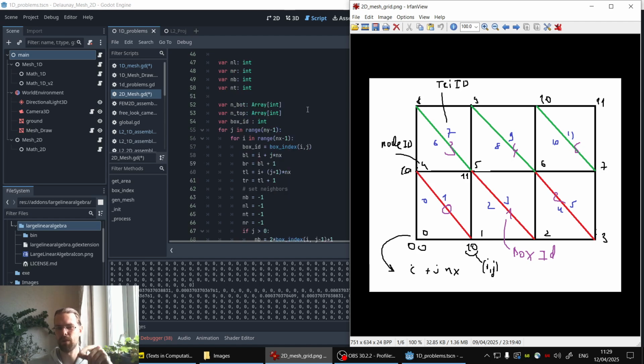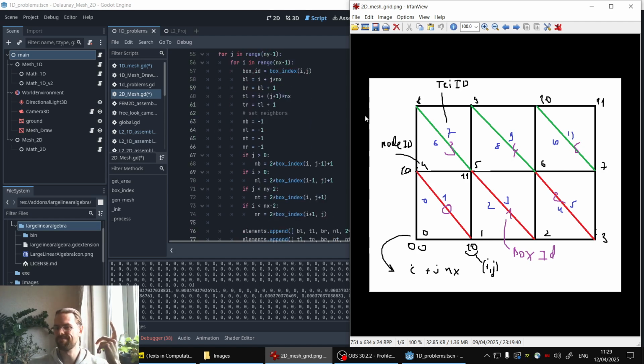Now, if we want to recover neighbors, which we don't use, it gets a bit more complicated, but again, you can have some insights by considering that these are individual boxes in which we have 2 elements, and then box 5 will have elements 8 and 9.